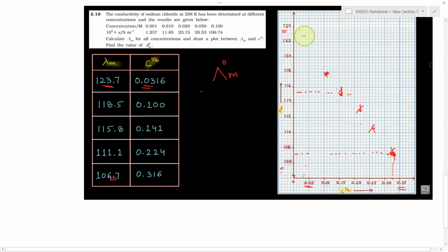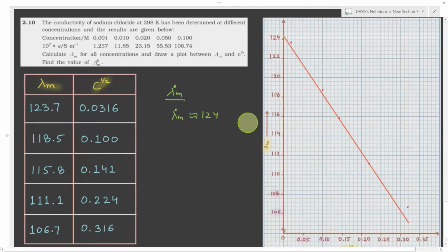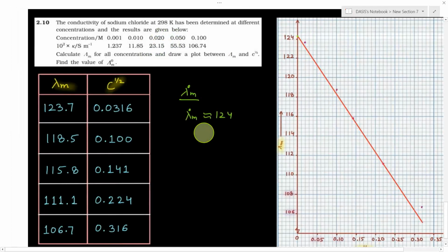If we extrapolate this graph, it will meet somewhere here at 124. So the final graph will be like this, a straight line, and from the extrapolation we get the value 124. So the limiting molar conductivity value will be approximately 124 here.